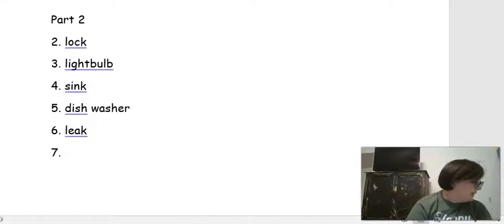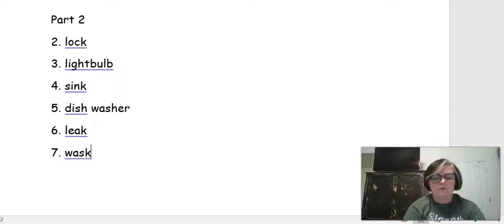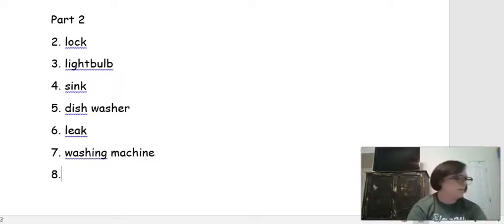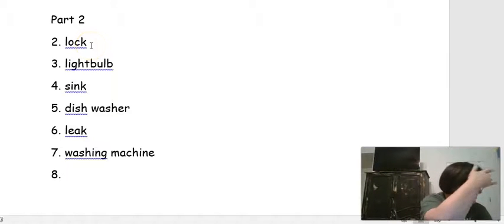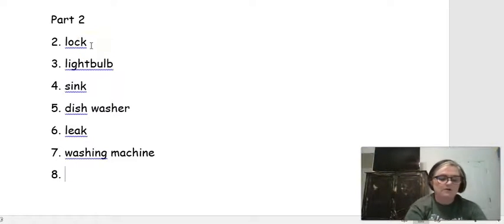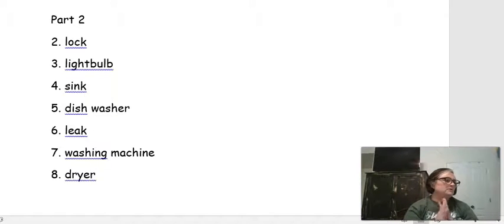There is soapy water coming from the washing machine. The clothes are on top of the dryer. Okay? So there's your quick answers for Part 2. Go ahead, stop the video, make your corrections.